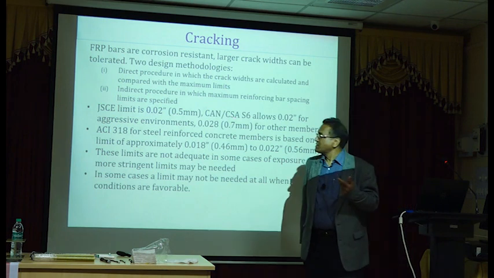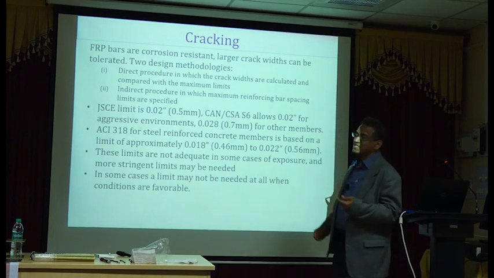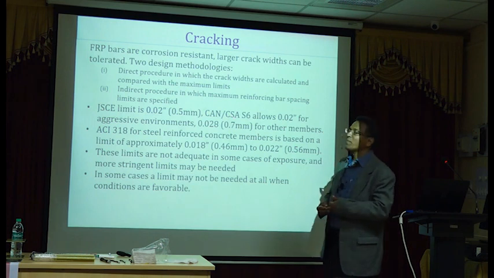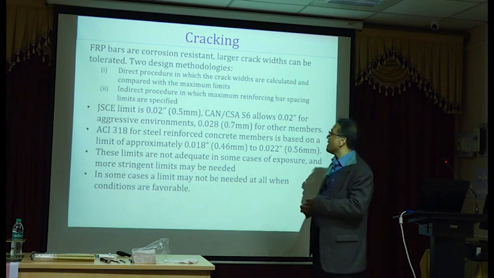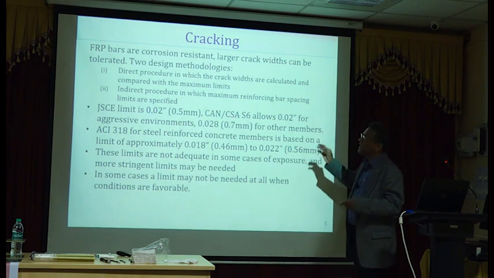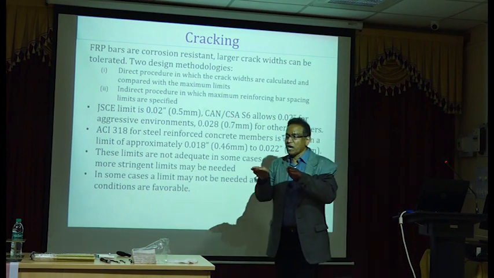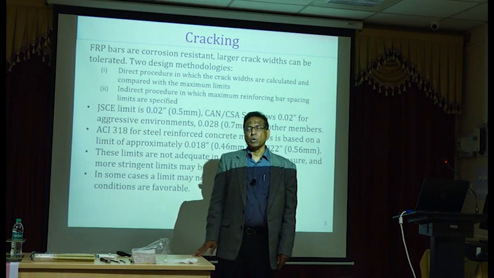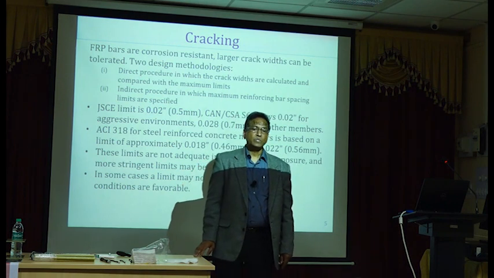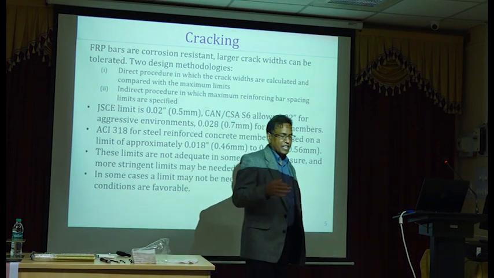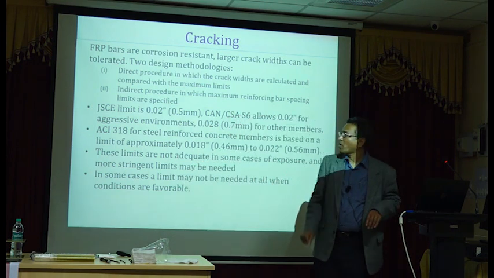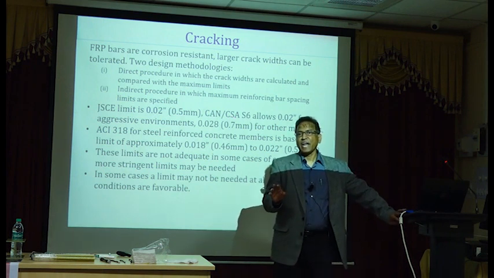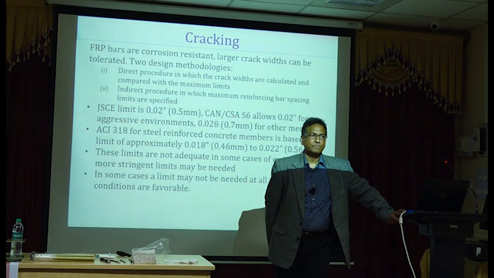So there are two methods. One is to find out the actual crack widths, calculate the crack widths, compare them with maximum limits. That's one option. The other option is to place your reinforcing bars close enough that the cracking is controlled. Okay? So I may be wrong, please correct me if I am wrong, but IS 456 is still asking you to calculate the crack widths, right?